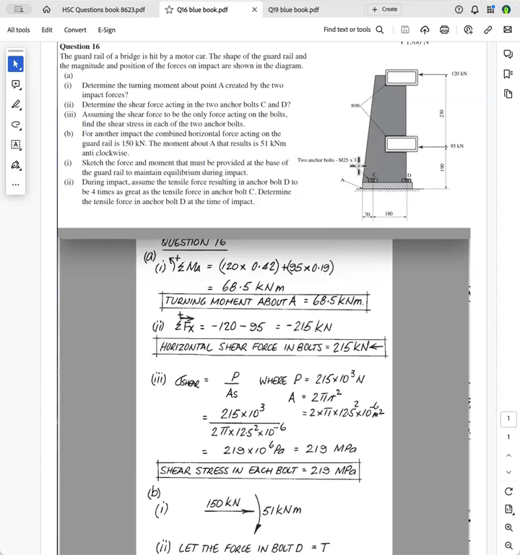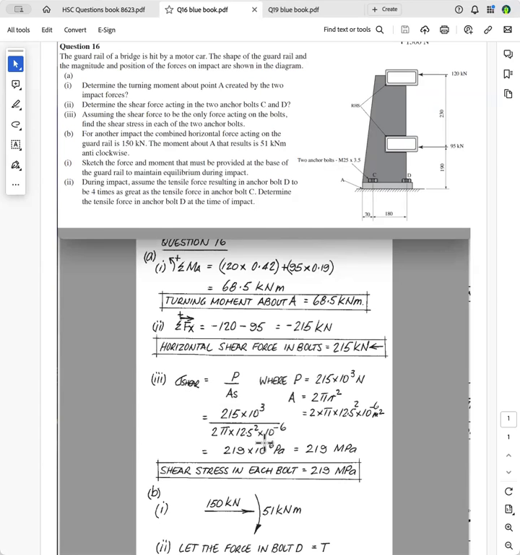This is how you annotate a bolt. It's a metric thread. That's the profile. It's 25 diameter, and the pitch is 3.5. So that's the distance between one peak of the thread to the adjacent peak of the thread. And so the bolts are 25.